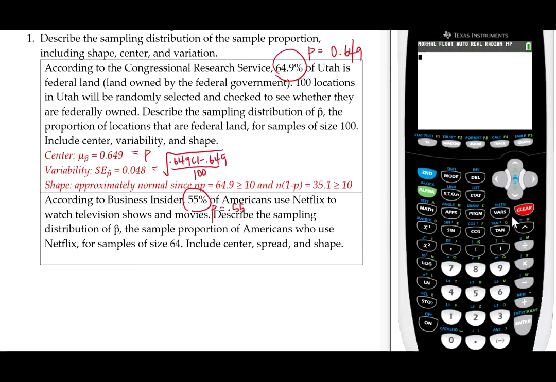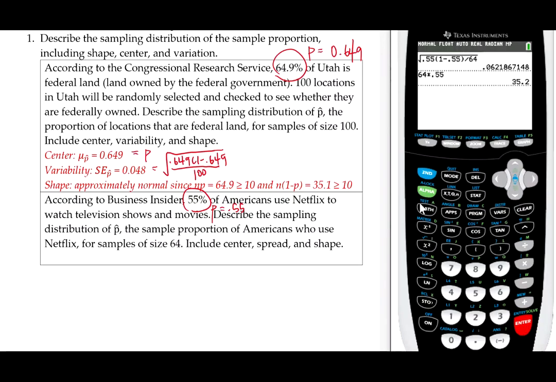The standard error of our sampling distribution of p hat is equal to the square root of 0.55 times 1 minus 0.55 divided by our sample size, which here is 64. So we get 0.062. And then to check our shape, we need to do 64 times 0.55.